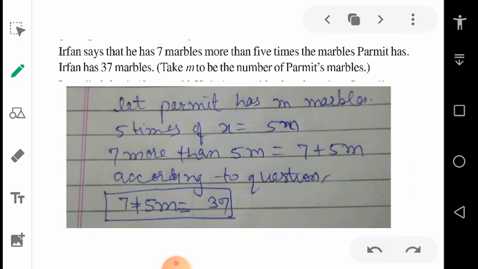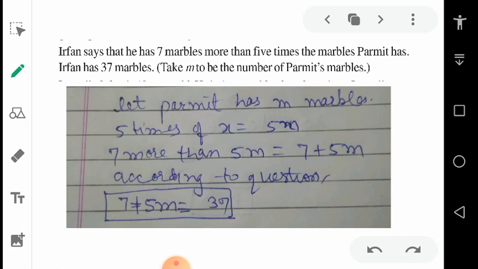So ultimately we have to balance both the expressions or statements. Irfan has 7 plus 5m marbles, but Irfan has 37 marbles, which means this value is 37, written in the circle. So we make an equation that is balanced: 7 plus 5m equals 37. In this way, if we want to make a relation between a variable and constants, suppose Parmit's marbles are m in number.